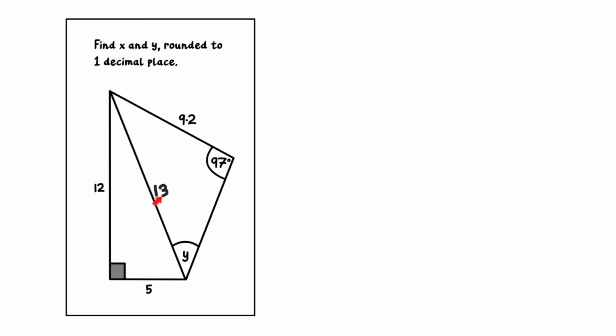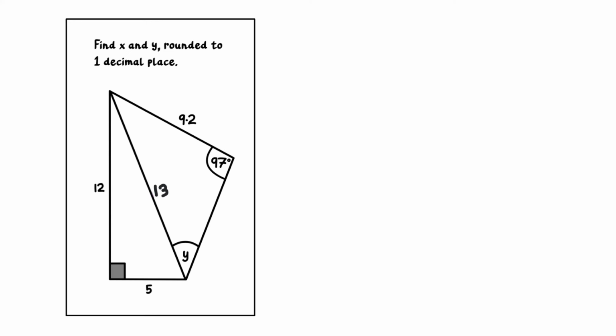Now that we've found x, we can turn our attention to y. Again, we'll need to pick which of the two triangles to focus on. However, the decision is easy here. We'll want to pick the upper triangle since this is the only one which contains the angle y.